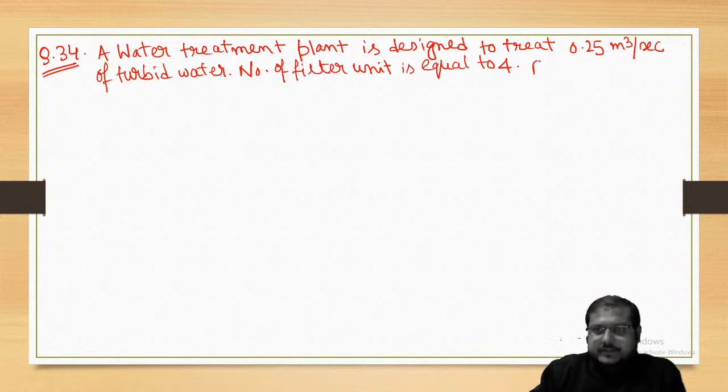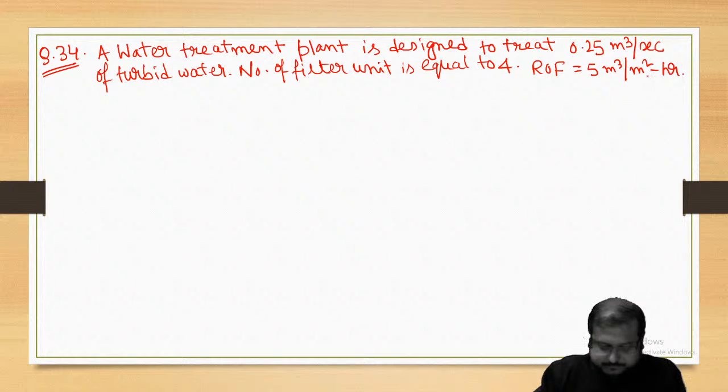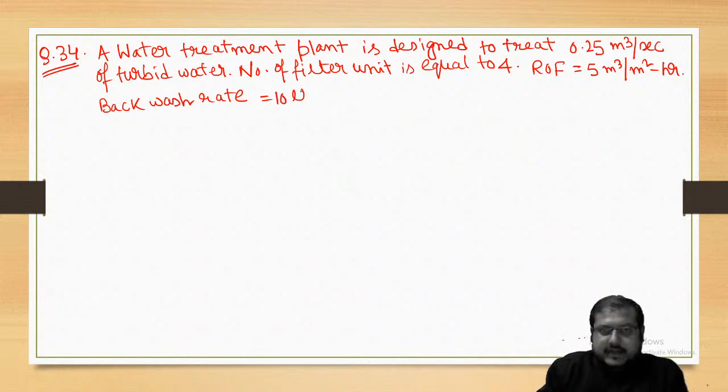Rate of filtration is 5 meter cube per meter square hour. Backwash rate 10 liter per meter square second. L is to B, 2 is to 1.